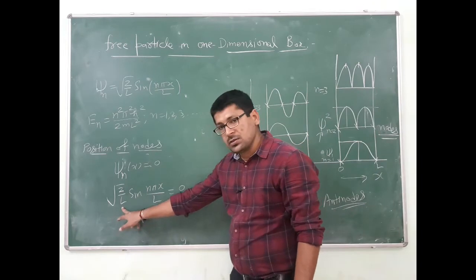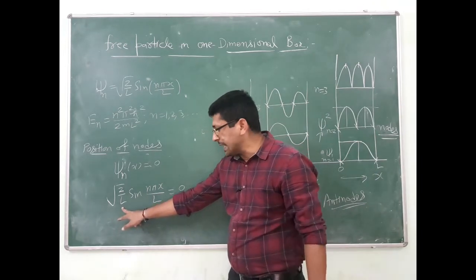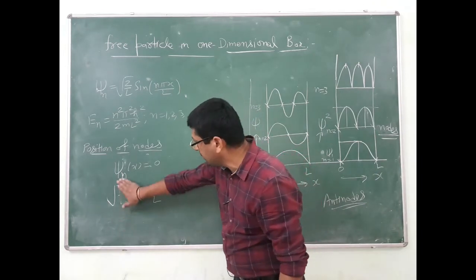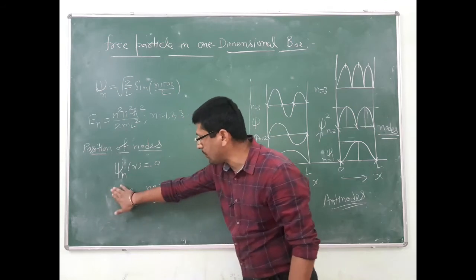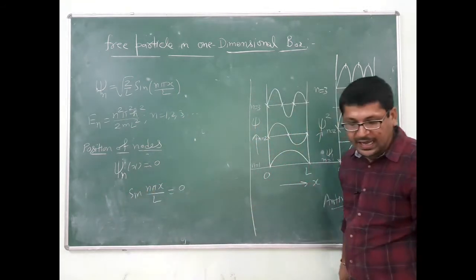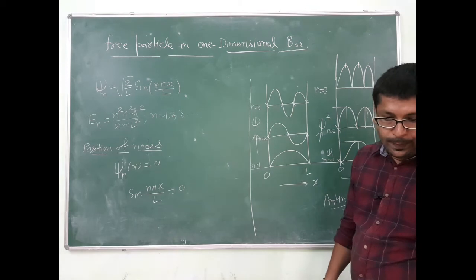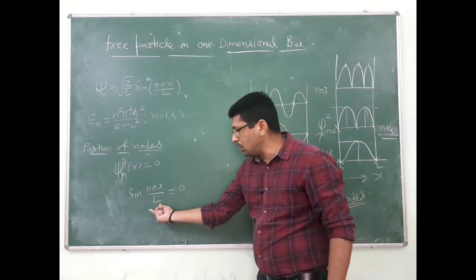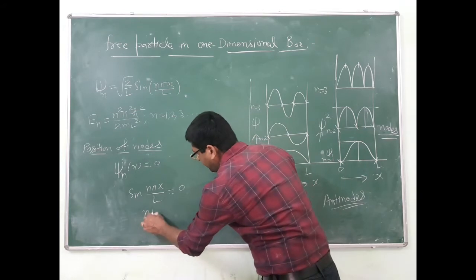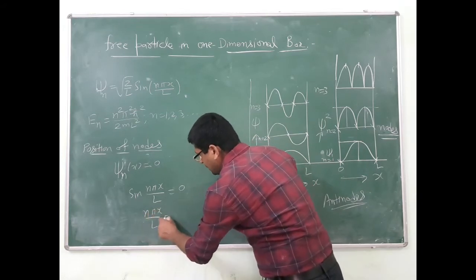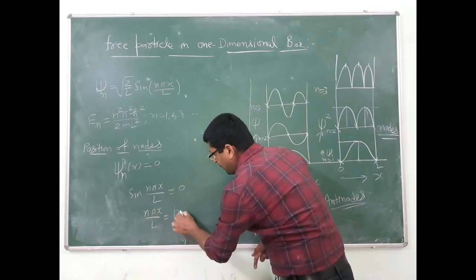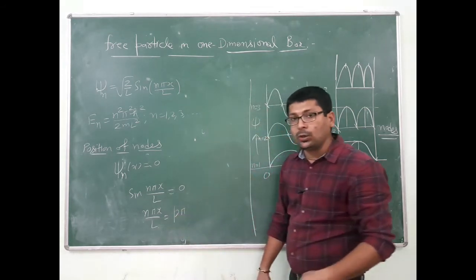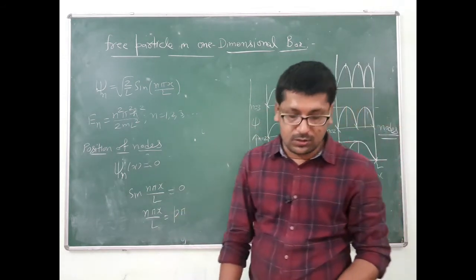Square root of 2 by L is a constant, it cannot be 0. That means this term, sine n pi x by L, will become 0. So what are the values at which the sine function will become 0? We know that if the argument of sine is an integer multiple of pi, the sine function will become 0.